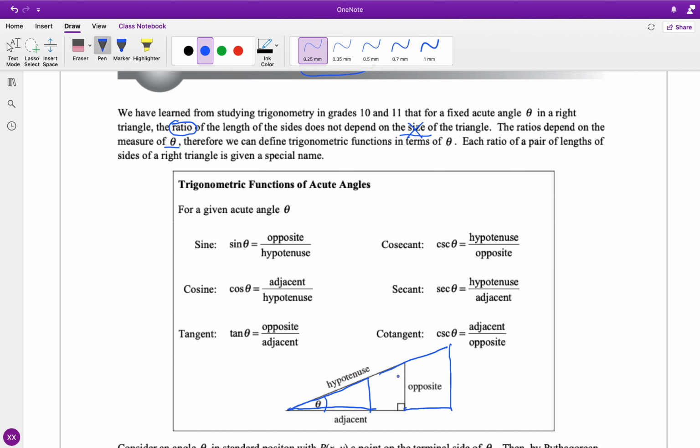But it doesn't matter what size these three triangles are, as far as the angle is the same, then the ratio between the opposite and the hypotenuse, the opposite of this large hypotenuse, the opposite of this mid-sized hypotenuse, they're always the same. In terms of that, we call these different ratios, they give them a name, relating to the angle.